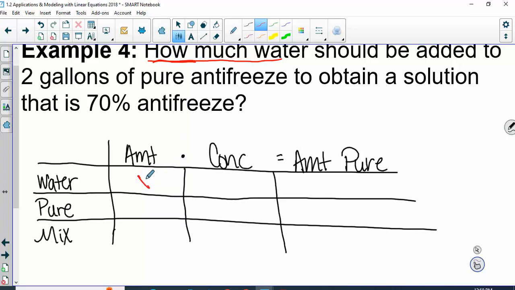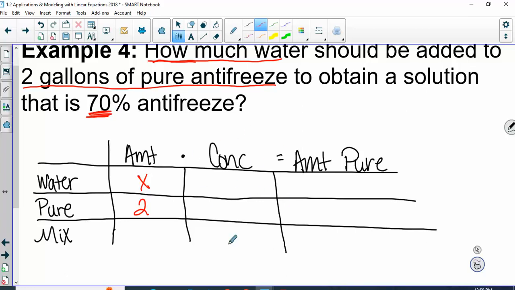Yep, because I don't know. Should be added to 2 gallons of pure antifreeze. So where do I put that? To obtain a solution that is 70%, where would that go?